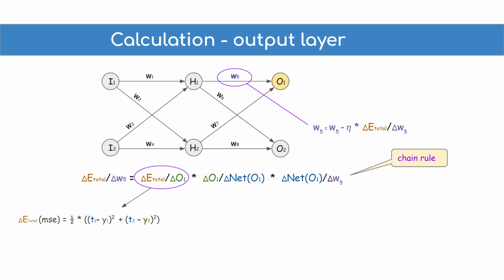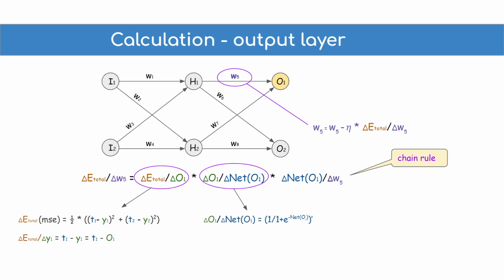In this equation, the y is actually the same as O, so we can treat it as the output value of the neuron, and t is our target value from our expected values vector. So by following simple mathematical rules, we end up with t1 minus O1, which is a very simple value to calculate.